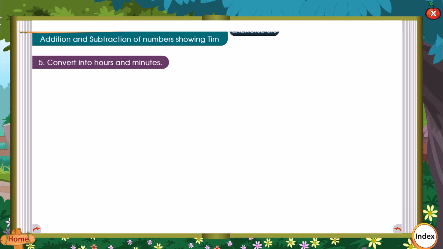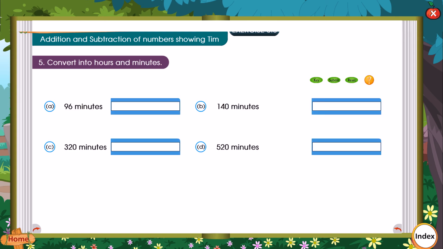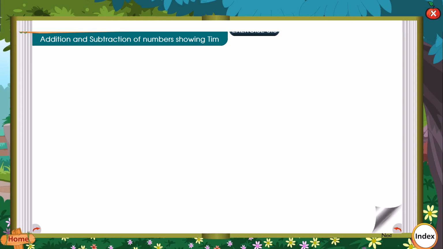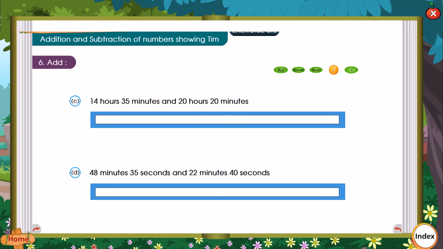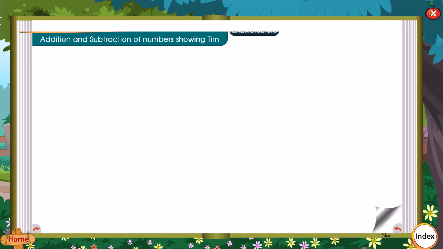Convert into hours and minutes. 6. Add. 7. Subtract.